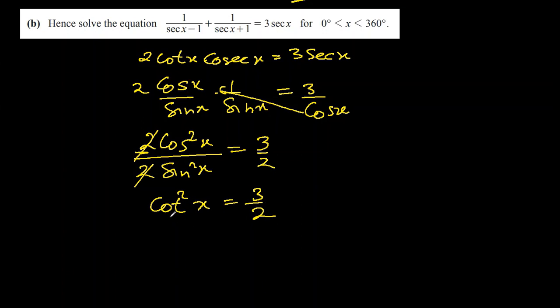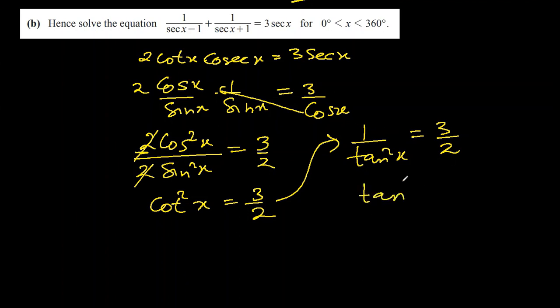But cot is not in our calculators. That means we will have to reciprocate it to get tan square x. So I equated cot square equal to 1 over tan square.